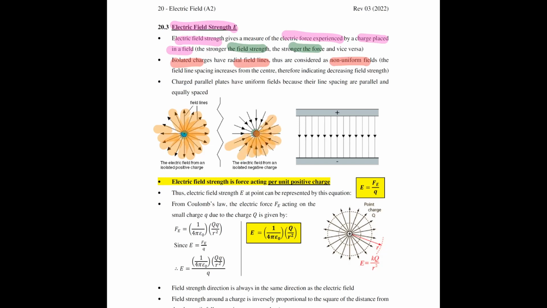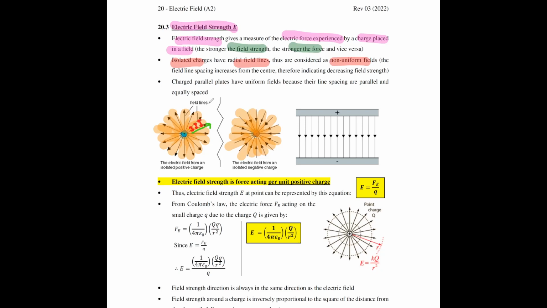If I were to ask you whether the field strength around your isolated charge here is constant, is uniform, you cannot say so, because you look at the separation between your field lines. If you go away from the center of the charge, in this particular direction, look at how the spacing between your field lines changes. You see it gets progressively larger.